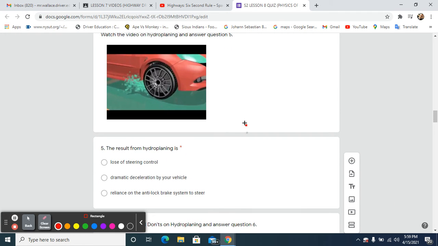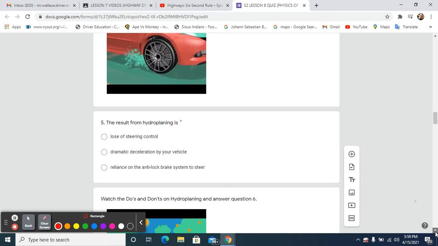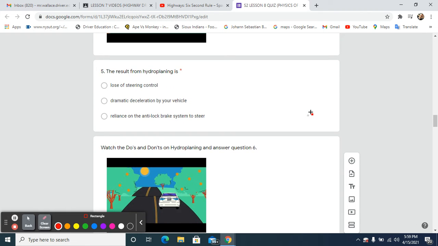Okay, when we watch the video on hydroplaning, what we learned about hydroplaning is the best way to stop hydroplaning is to take our foot off the accelerator and let the car slow down. As it slows down, the tires are again going to meet the surface of the road and no longer be riding up on top of the water, and we will regain control.